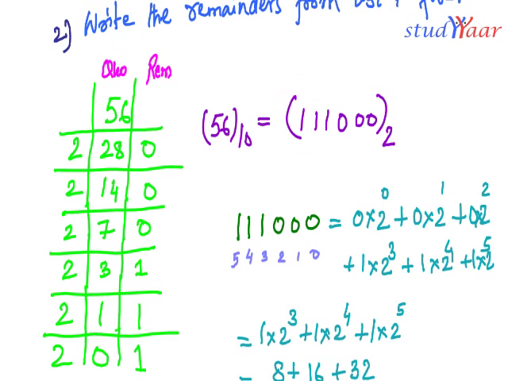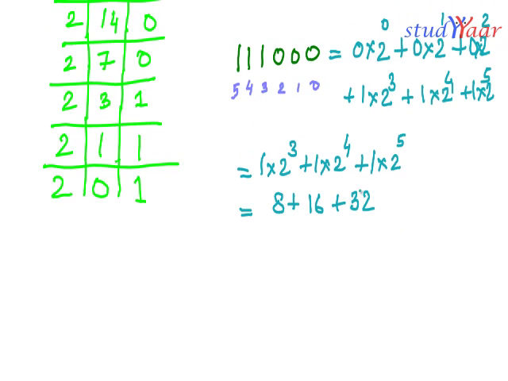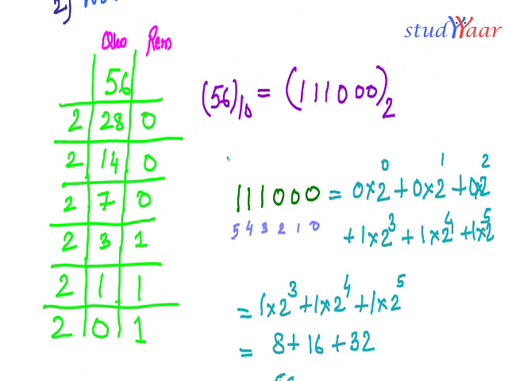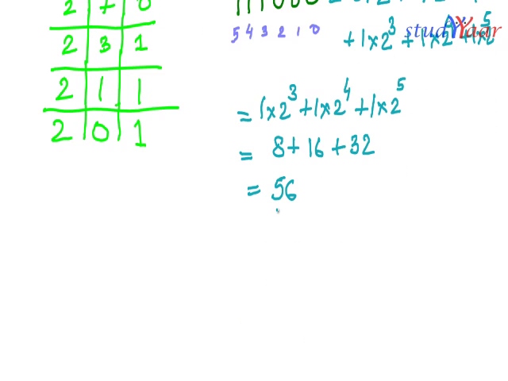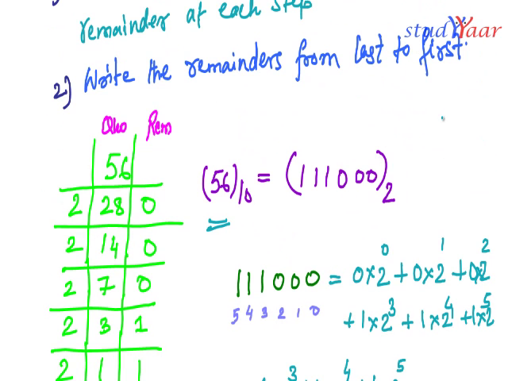And what is 32 plus 16? It is 48, and 48 plus 8 is 56. What did we begin with? We began with 56 and we ended up with 56. Therefore, this is the right binary representation.